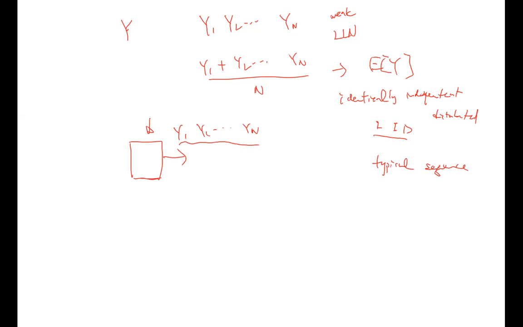What I mean is, if I draw a sequence of y with length n, maybe 1,000 or 10,000 samples, this sequence always possesses the characteristics of a typical sequence.